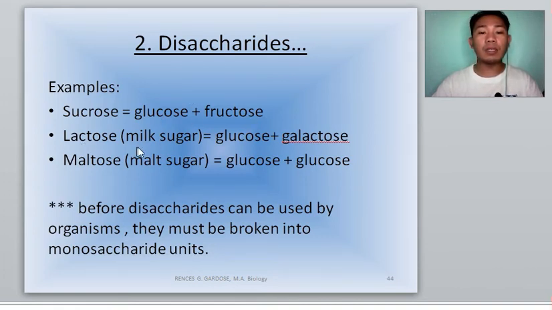The lactose, which is milk sugar, a combination of glucose and galactose. And the maltose, which is a malt sugar, a combination of two glucose. Note that before disaccharides can be used by organisms, they must be broken into monosaccharide units.